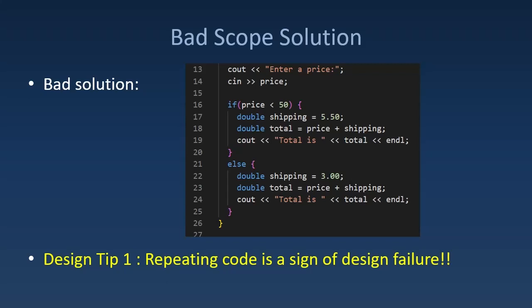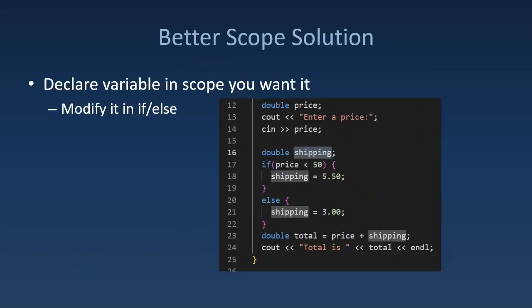So, how do we fix the problem in a better way? Well, the answer is to declare the variable shipping in the scope where I need to use it. Make sure that it lasts until line 23. I'm doing that here by declaring it out in the scope of the main function that began up on line 10.